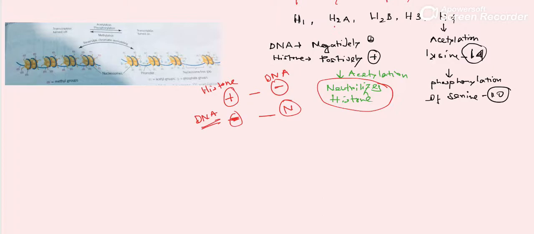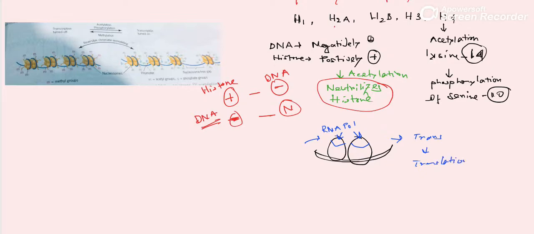If the DNA part opens up and the promoter opens in such a way, then RNA pol can bind here. So transcription, translation, replication, all these things can occur.